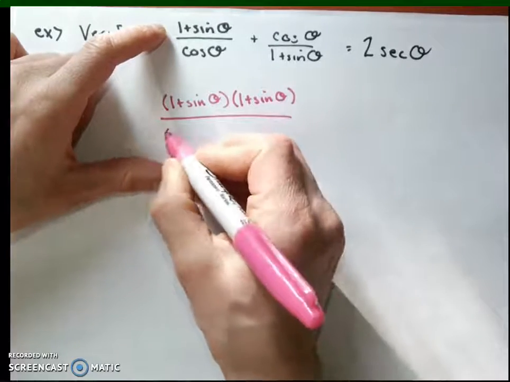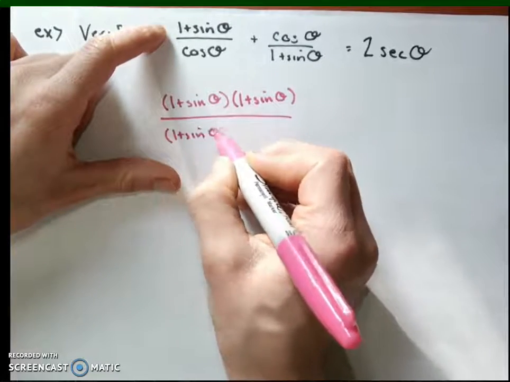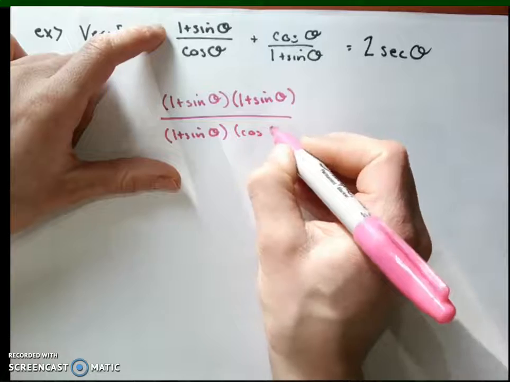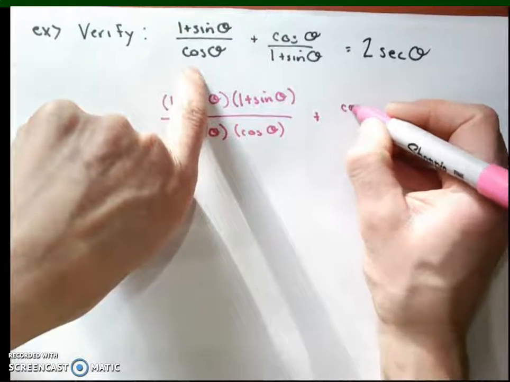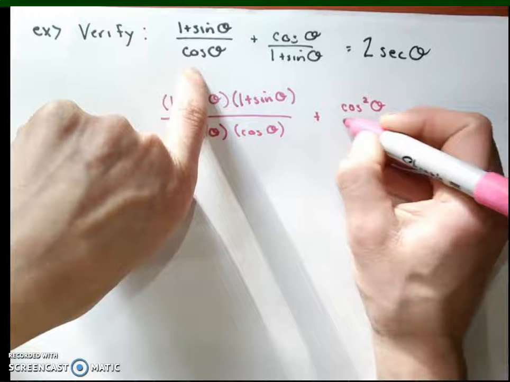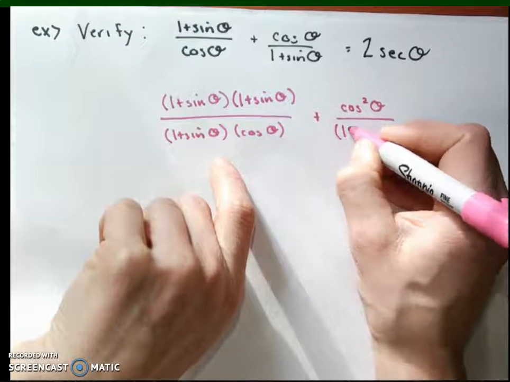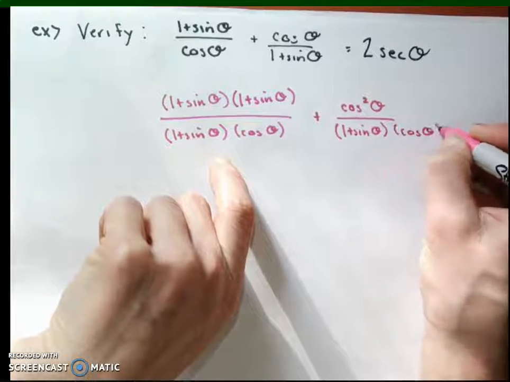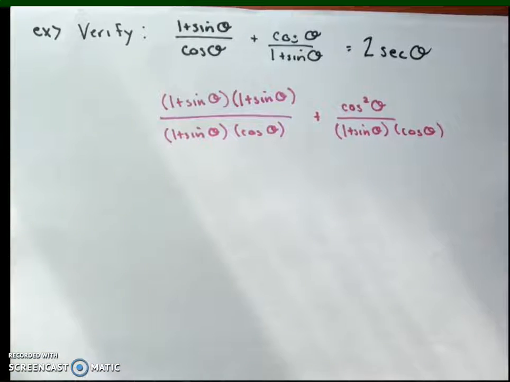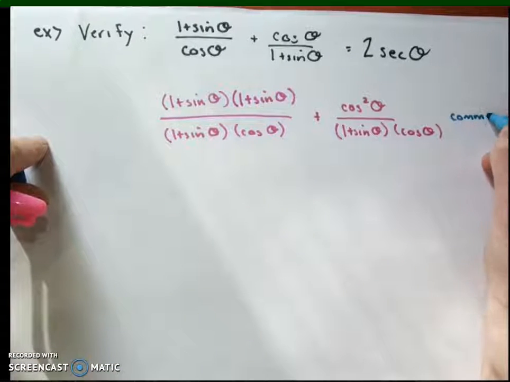And now I'll have 1 plus sine theta cosine theta on the bottom. This one I need to multiply on top and bottom by cosine theta. So I get cos squared theta over 1 plus sine theta times cos theta.